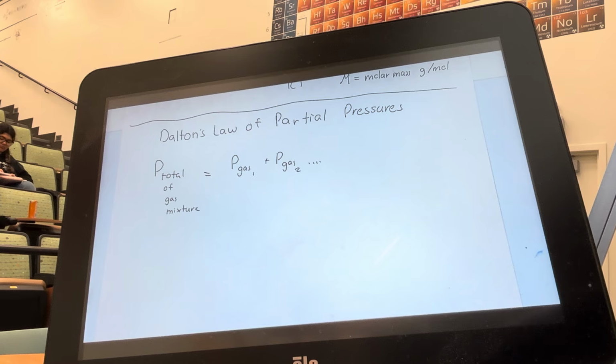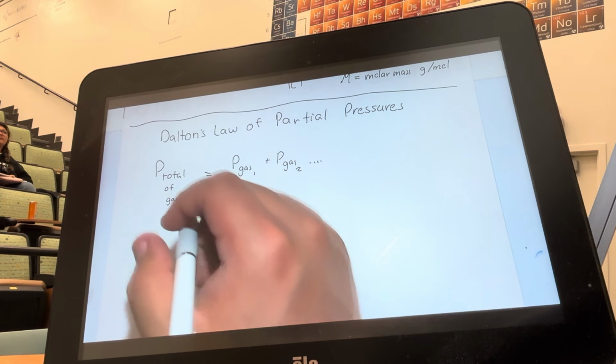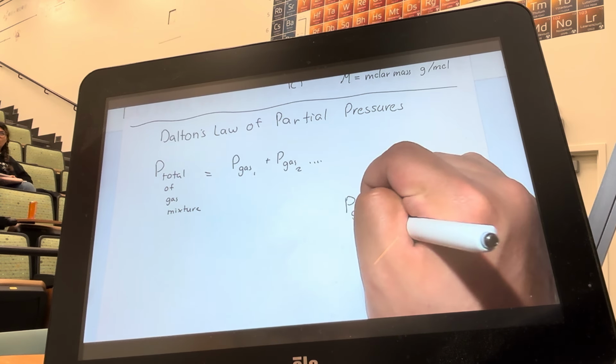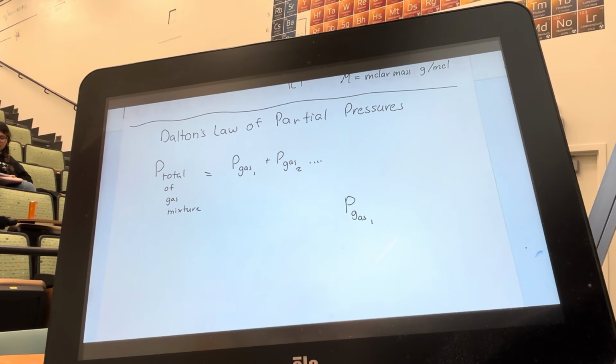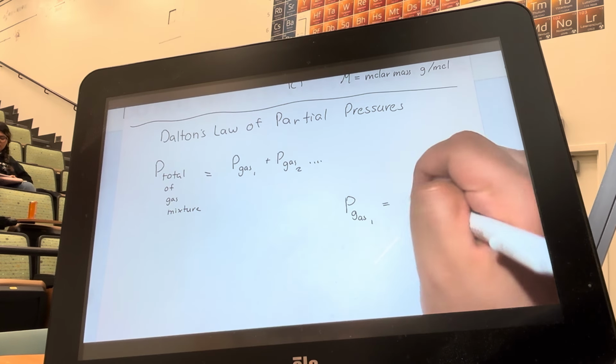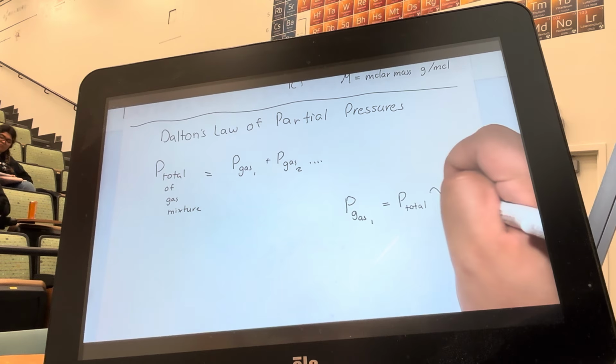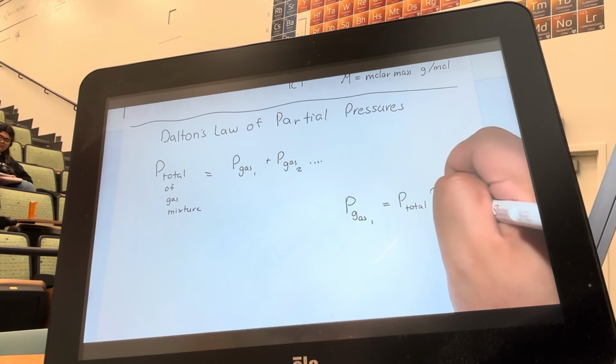But since then, we've been able to derive many more equations that complicate everything. Now there's this equation that I do not know the name of, but it's a pretty important one. It states that the pressure of gas 1, and it doesn't have to be gas 1, it can be whatever gas, equals the total pressure times X of gas 1.